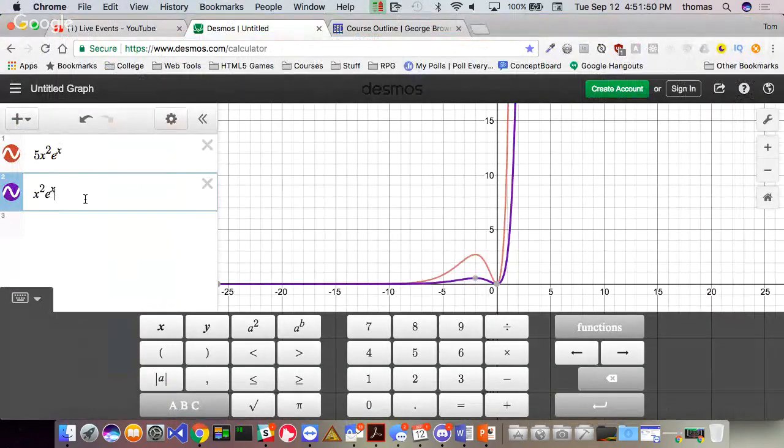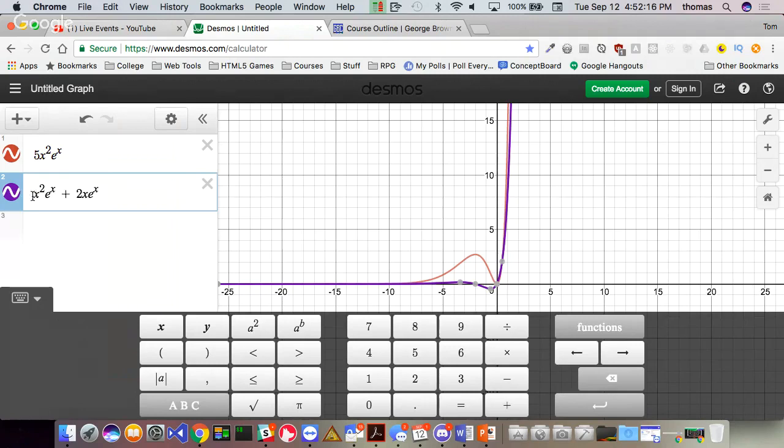So that's the first term. Then we have the second term, the derivative of the first times the second. The derivative of the first is 2x, because remember we got rid of the 5. So 2x times e^x again.